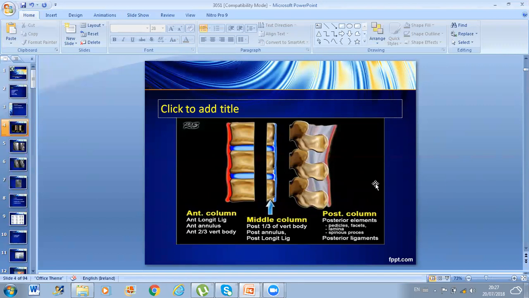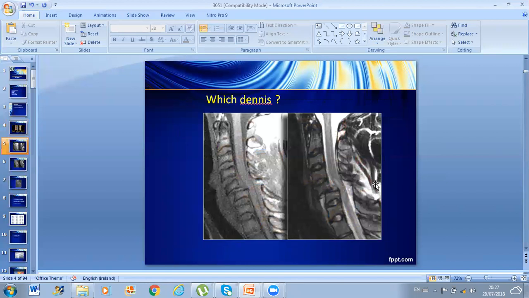But there is one problem with this. It is a descriptive classification. If someone calls you from the ER and tells you there is a 3-column injury, you will not think of this amount of injury. Look at the cord. It is compressed. It is a compromised spine. The posterior longitudinal ligament is involved, and there is a dislocation.